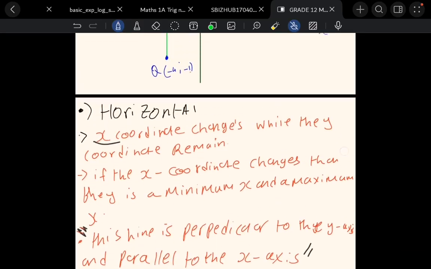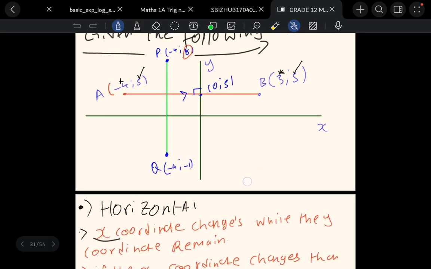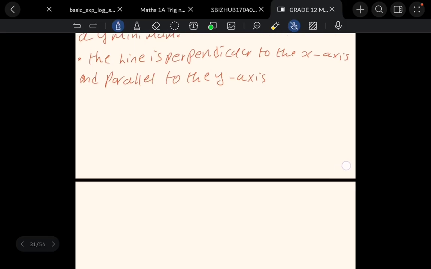You can really see from here, this line is just parallel to this line there, and it is perpendicular to the x-axis. So you can determine that coordinate there. Your x value does not change, which is going to be (-4, 0), because the y-coordinate on the axis is always 0. You see? So we can calculate the distance.